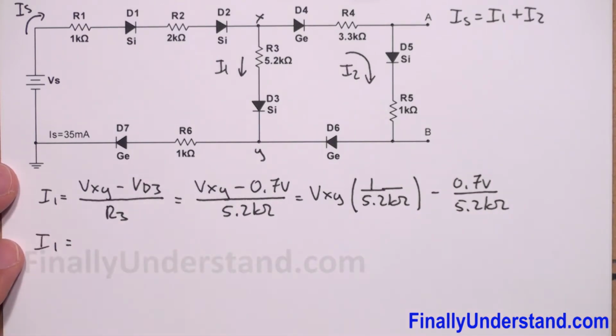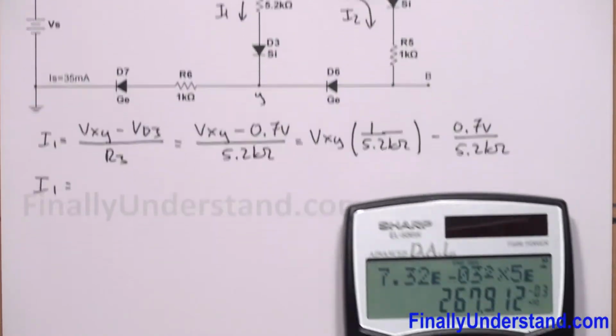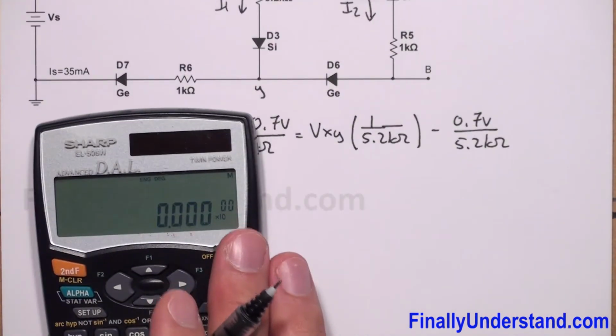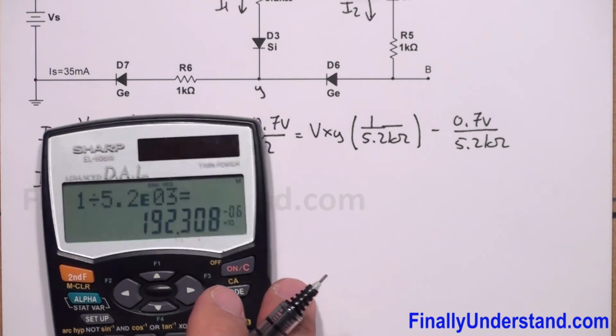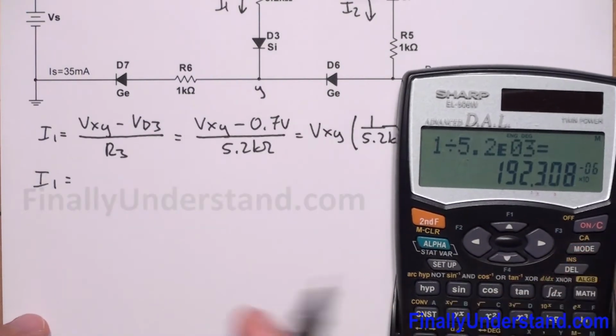I1 is equal to 1 divided by 5.2 exponent 3, which is equal to 192.3 microsiemens.